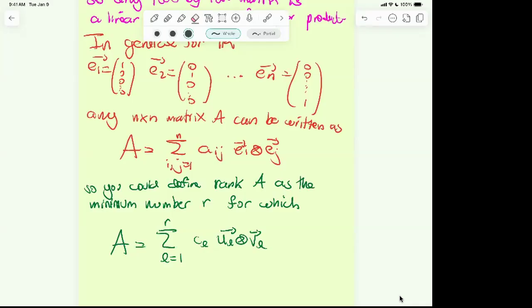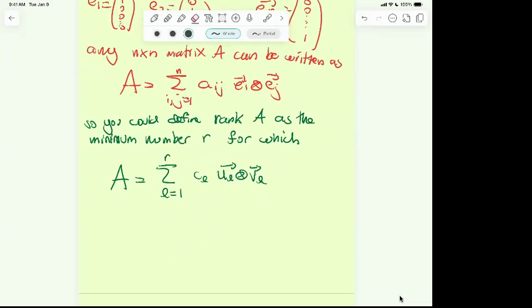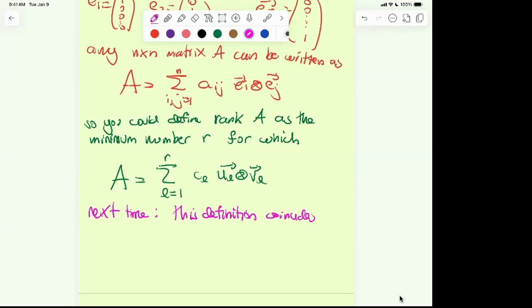They are the same, but it's not clear at the moment, so let me leave it for next time. This definition of rank coincides with the one that you know from linear algebra. That's all I want to say.